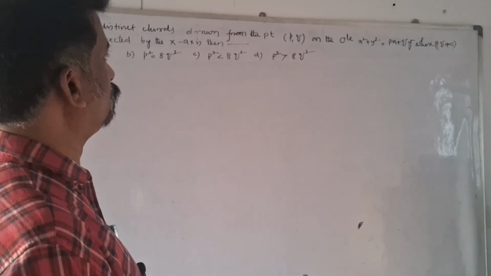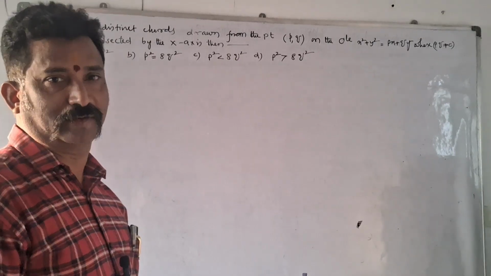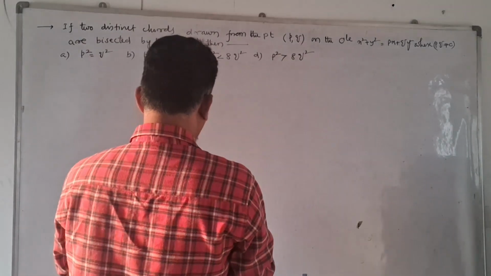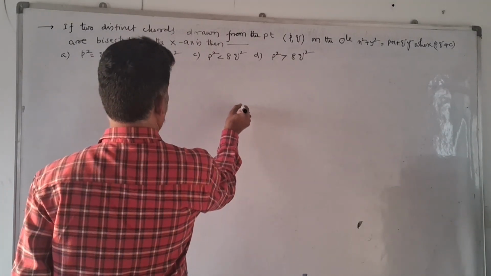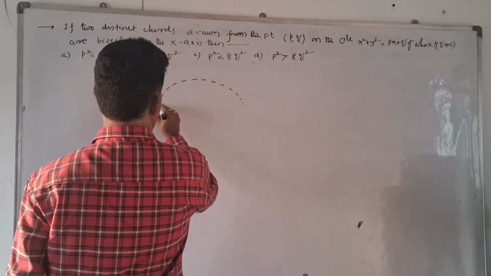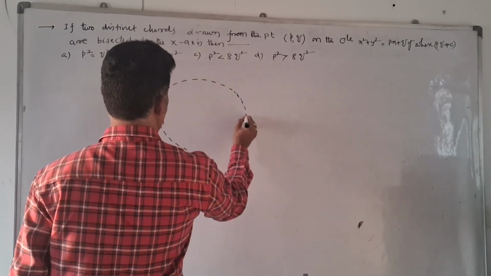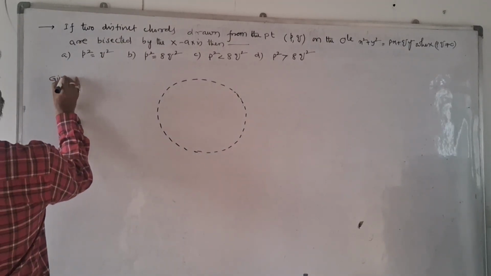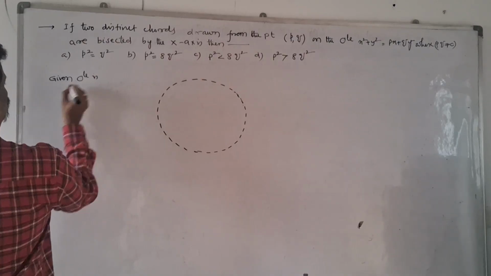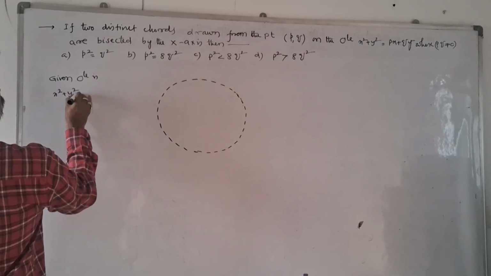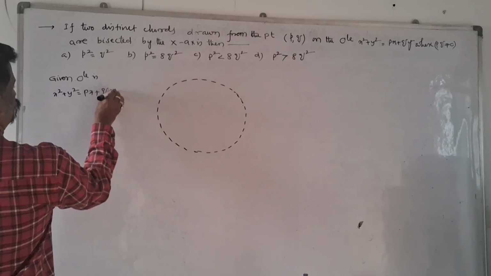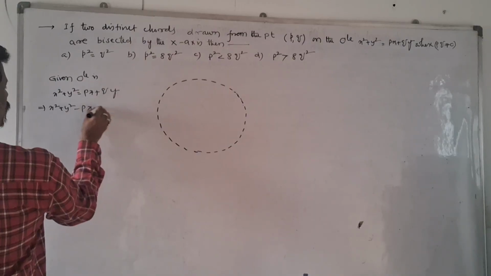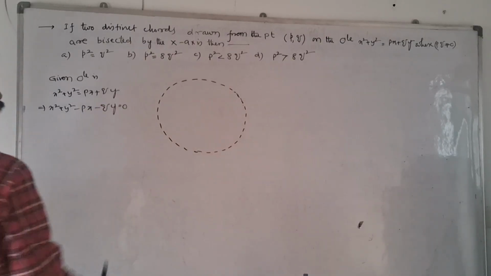The given circle is x square plus y square equal to px plus qy, so x square plus y square minus px minus qy is equal to 0.